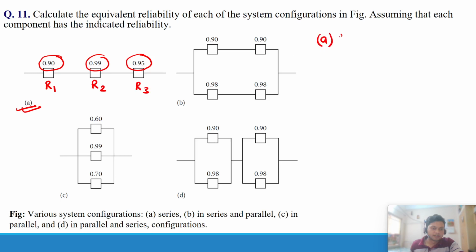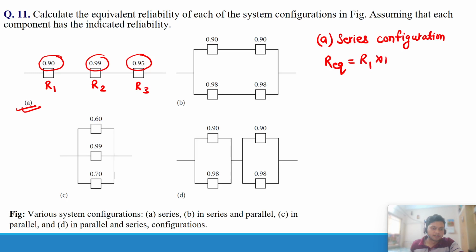So for the series configuration, you have to find out the equivalent reliability. For the series combination, we know that it is directly the multiplication of the individual reliabilities.